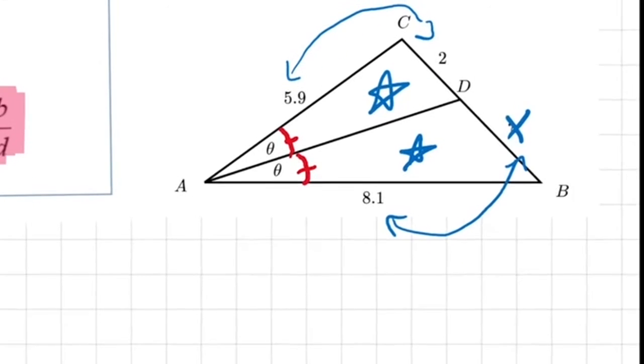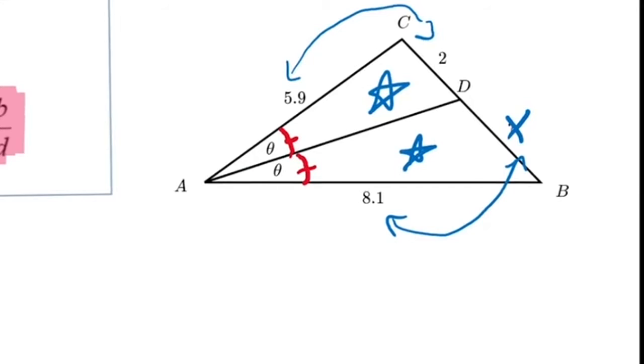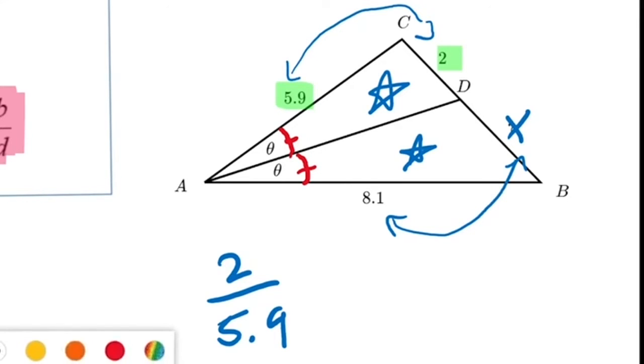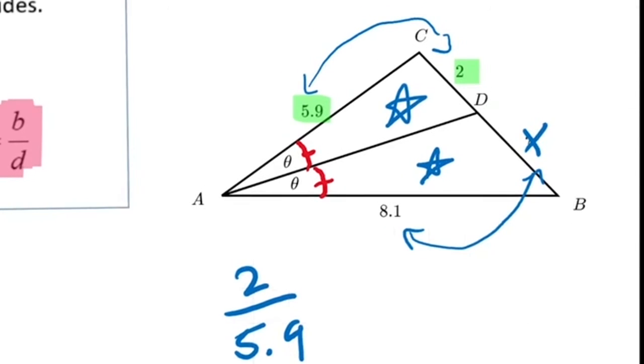So we can really jump directly to the end and say that 2 over 5.9 and x over 8.1.